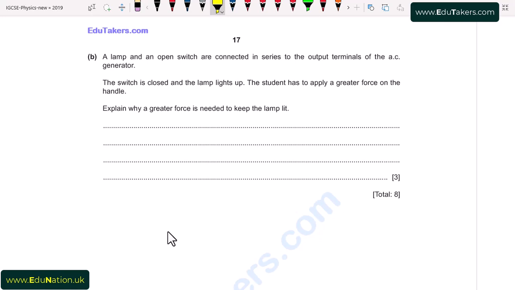So it means that the student must input more energy to light the bulb, and so they must do more work.